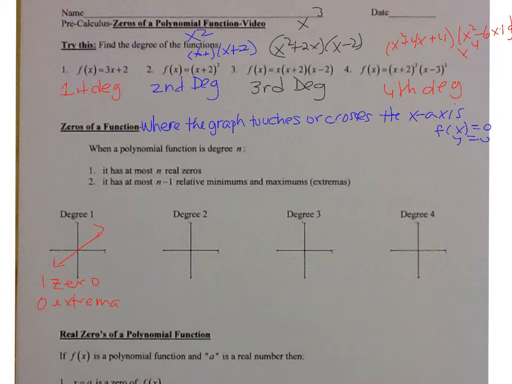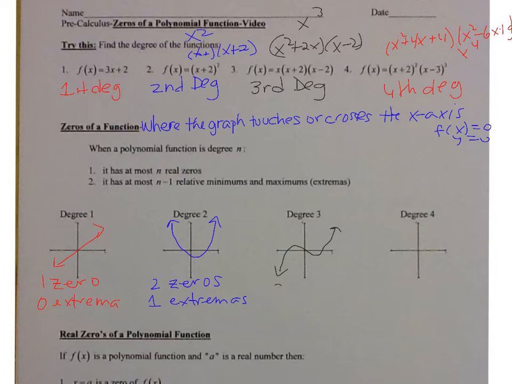A degree 2 would be possibly a parabola that looks like this. So this would have 2 zeros. It has 1 extrema. So if it has 2 zeros, that means my degree is 2. So 2 minus 1 is 1, which means I have at most 1 min or max. A degree 3 polynomial would look like this.